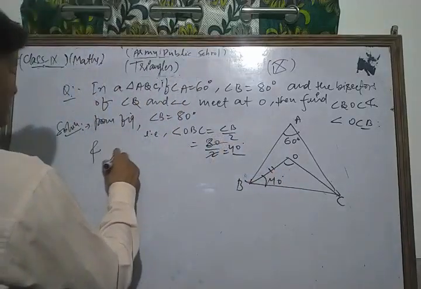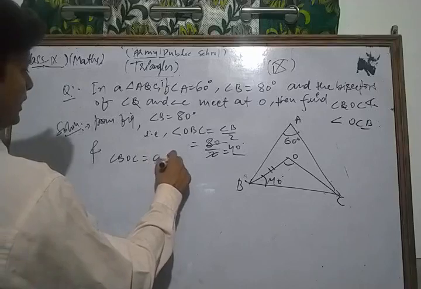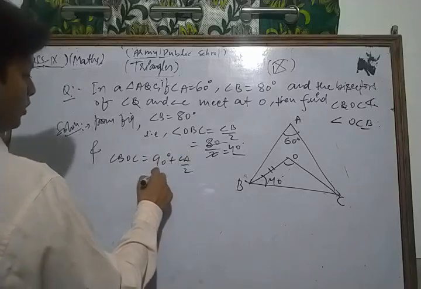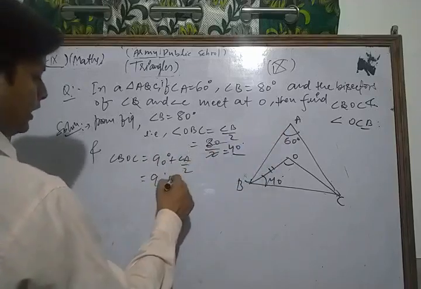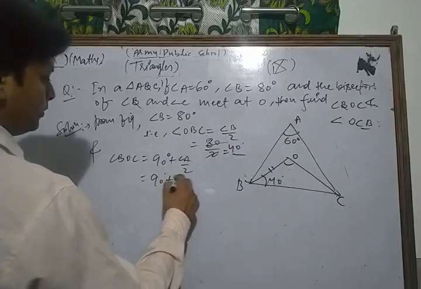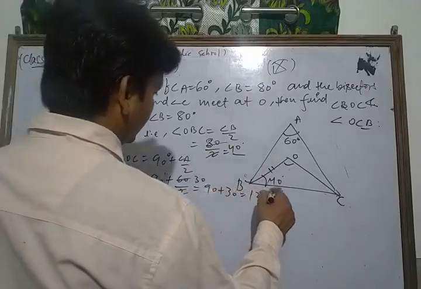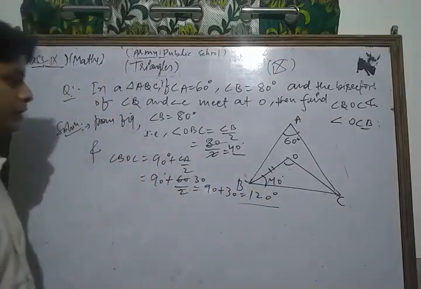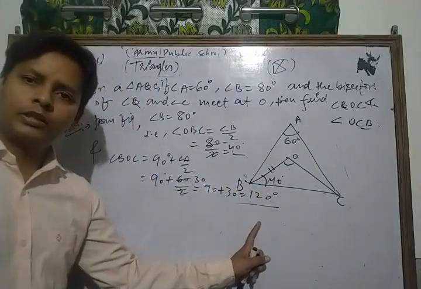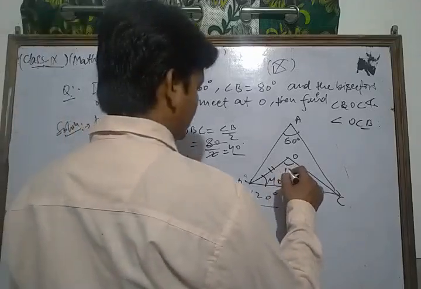And angle BOC is equal to 90 degree plus half of angle A. So 90 degree plus half of angle A means 60 upon 2, so 90 plus 30, this is 120 degree.